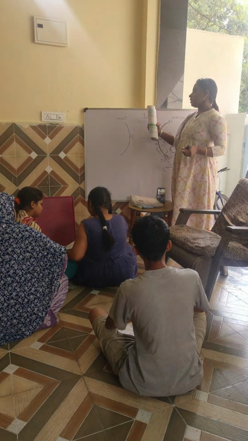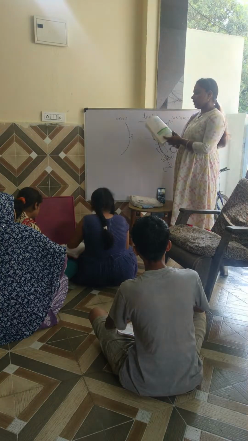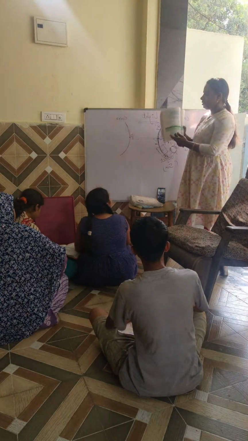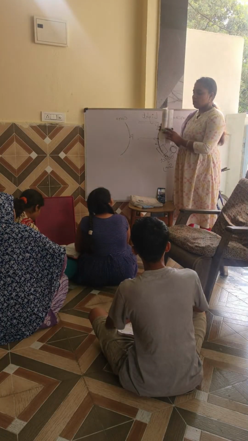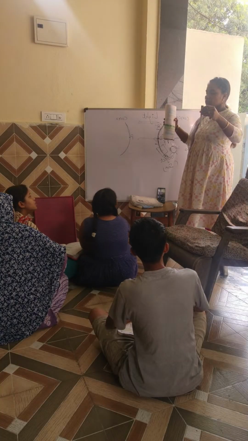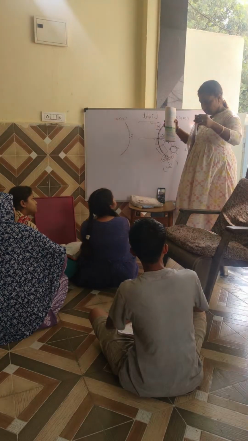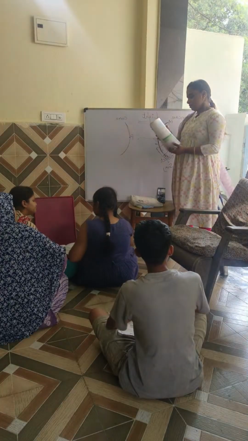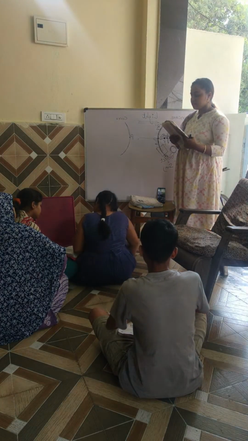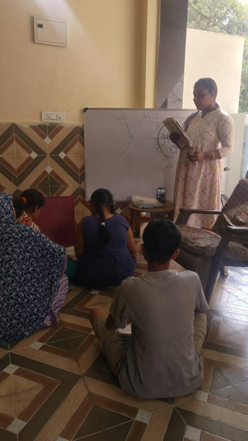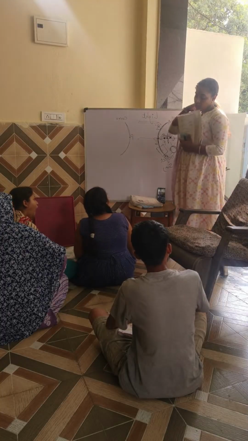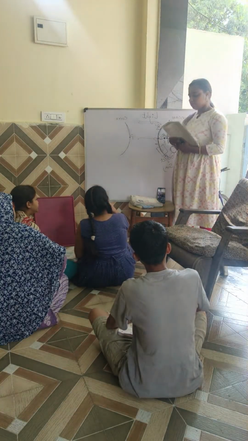Hold the pencil in the upright position in the other hand. Now I am keeping one pencil in the other hand. Imagine this is the convex mirror, and I am keeping one pencil here. Observe the image of the pencil in the mirror. Is the image erect or inverted? How will you see?